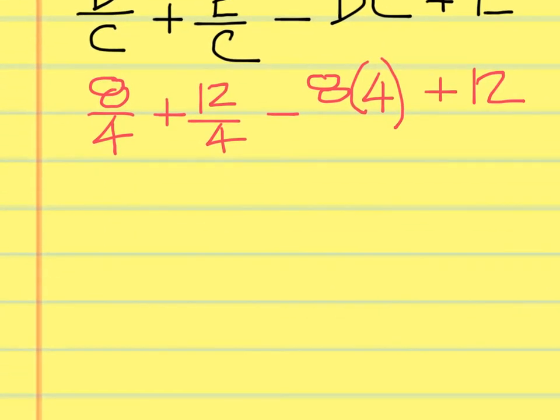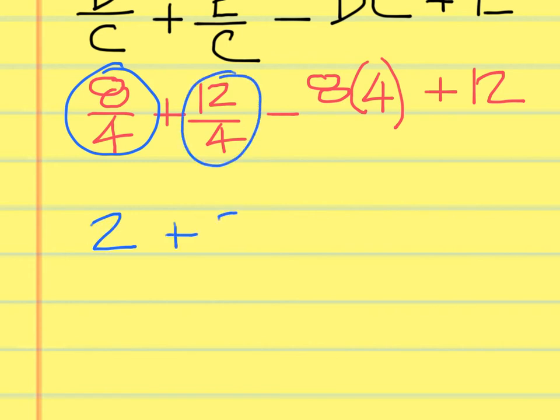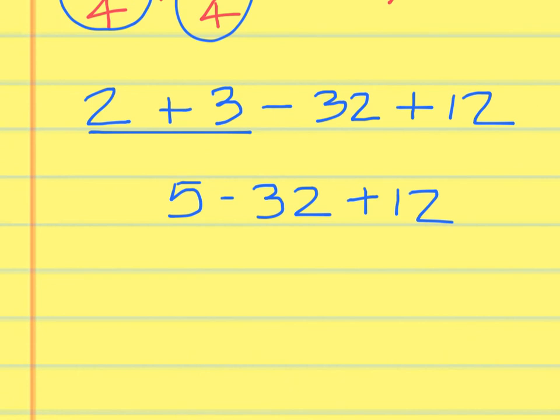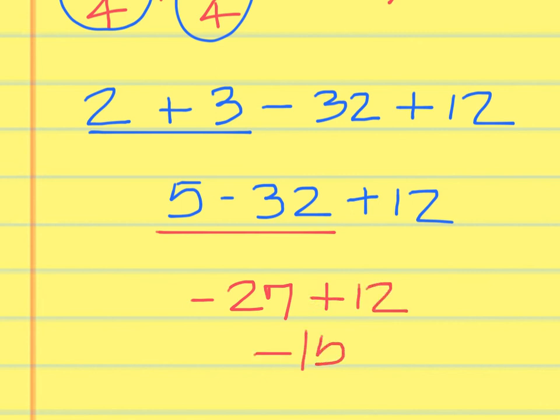Now simplify it. 8 over 4 is 2. 12 over 4 is 3. 8 times 4 is 32, and then plus 12. 2 plus 3 is 5, and we're going to have to take away 32 from the 5. 5 minus 32 is a negative 27, and if you add 12 to that, it is a negative 15.